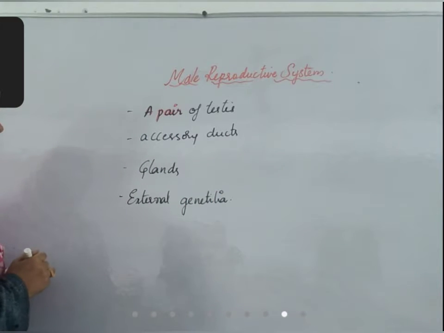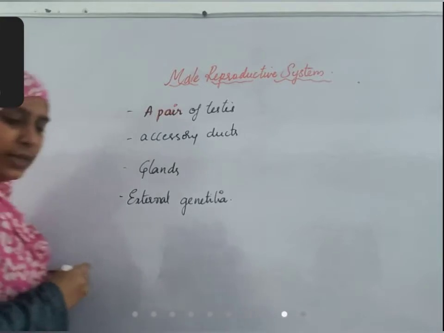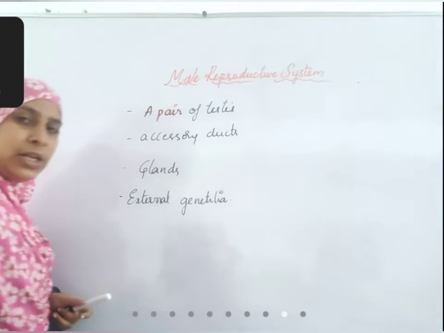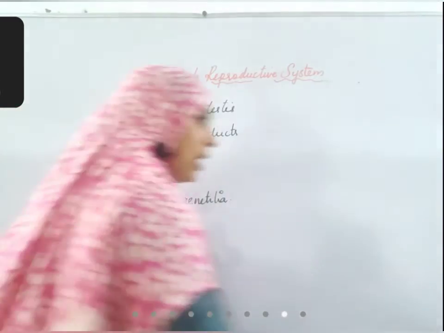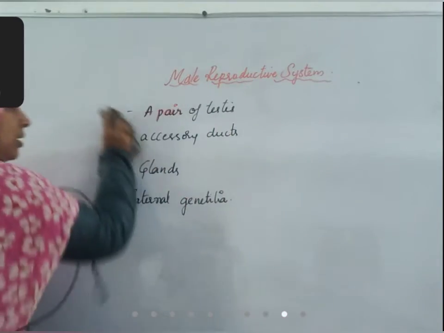These are the parts of the male reproductive system. Let us see. First, let us understand testis structure. Then we'll understand the other structures.